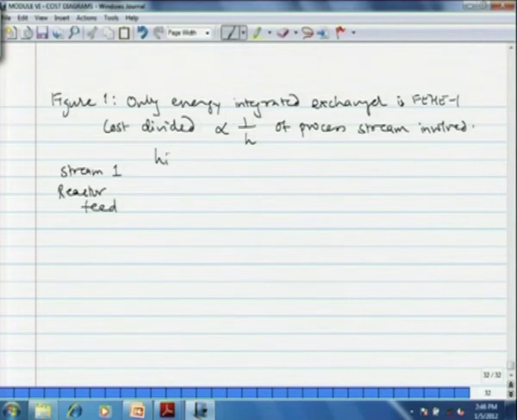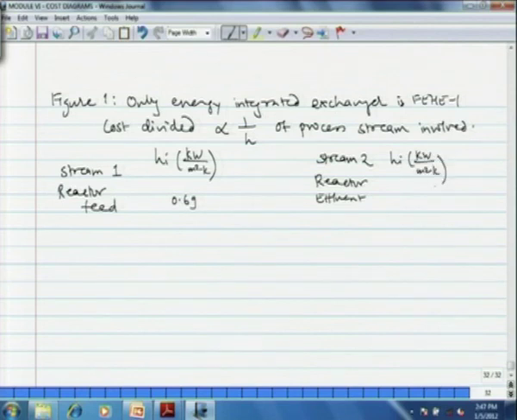The coefficient Hi is 0.69 kilowatt per meter square Kelvin. Then the second stream, stream 2 is reactor effluent. The film coefficient is 0.69 and the cost is divided half in $1,000. Okay. So with that we collect the cost associated with each of the given component.